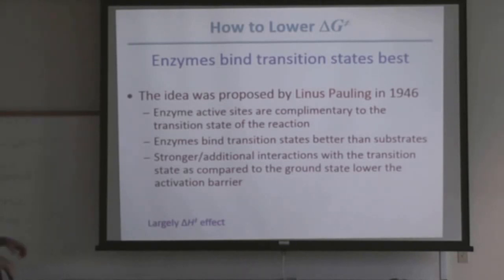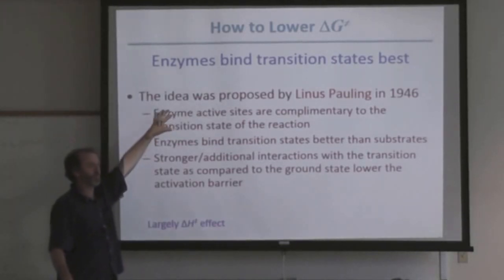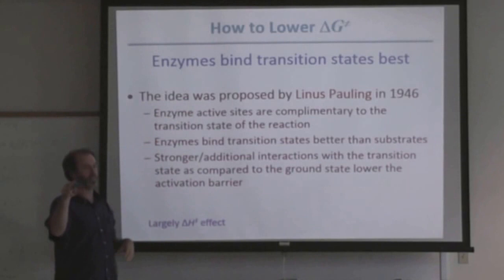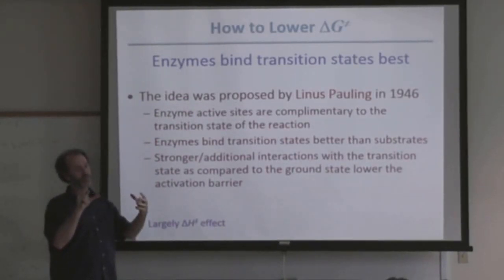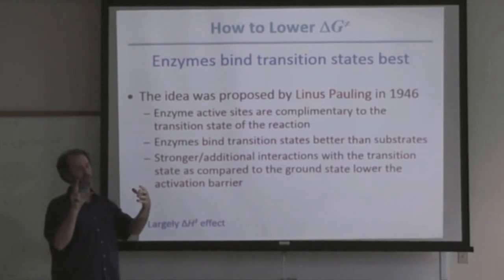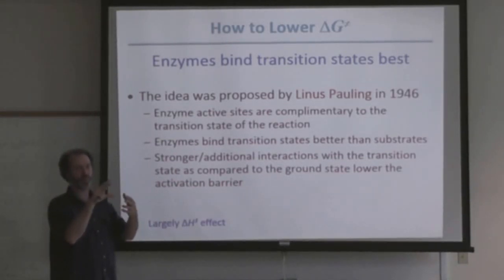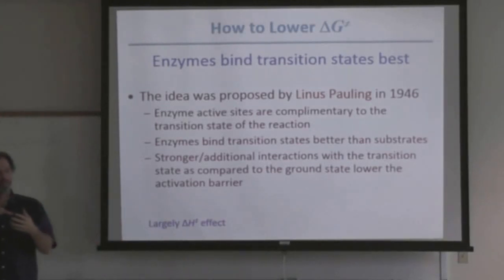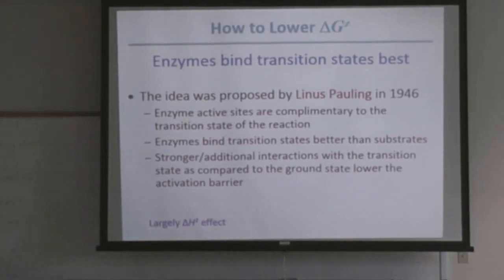So if an enzyme preferentially binds that transition state, it's kind of the induced fit model, right? You'll kind of convert the substrate into the transition state, but because it's forcing it to be in that transition state, it's inherently unstable. It's just going to go forward and proceed with whatever reaction it's catalyzing, right?